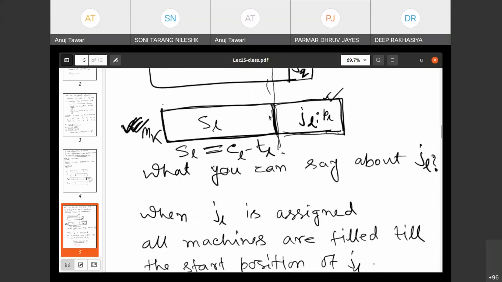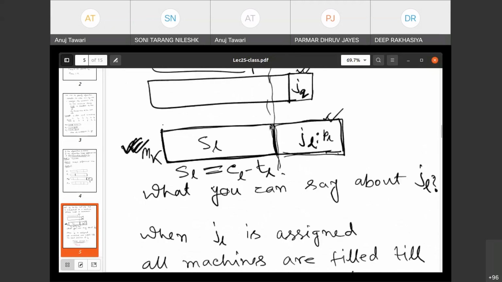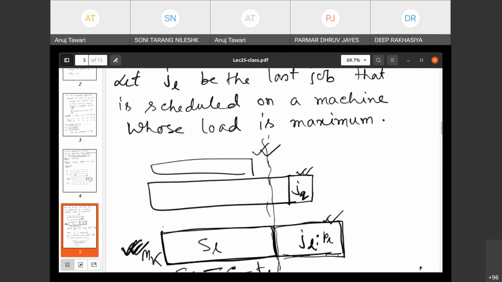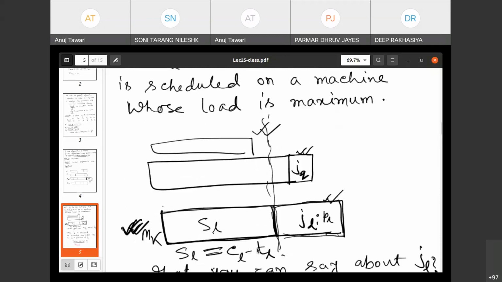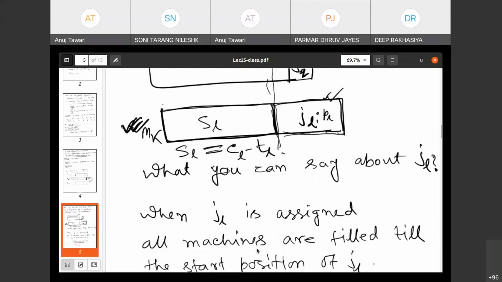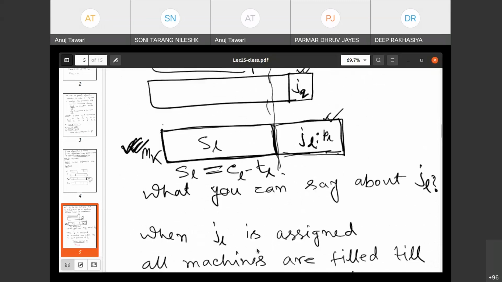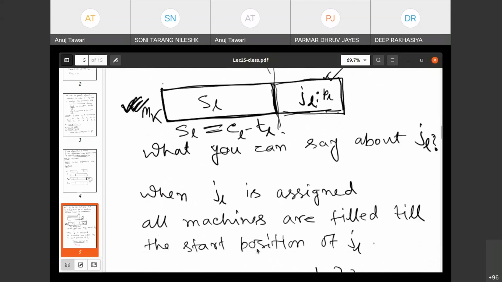Because its load was the minimum compared to everything else, right? Otherwise, we could have scheduled it on some other machine whose load was smaller than this particular machine. Okay. So when JL is assigned, all the other machines, they are filled till the start position of JL. So at the start position of SL, right? So this machine has the smallest load, and that is why you assign JL here.